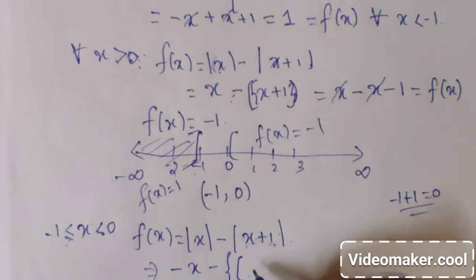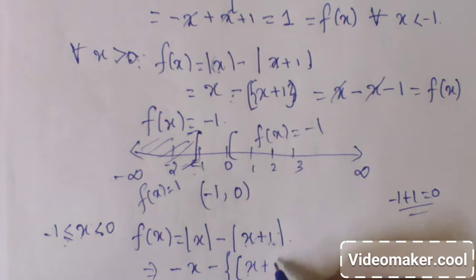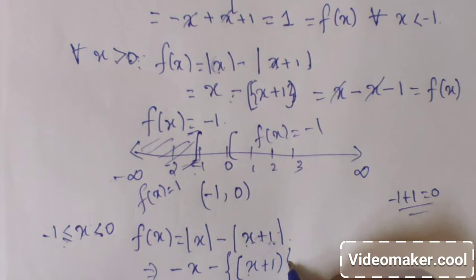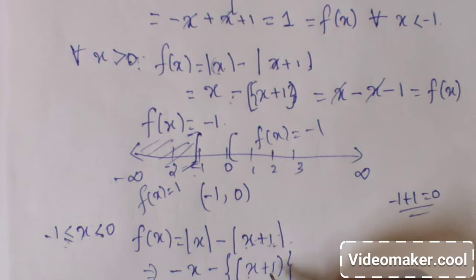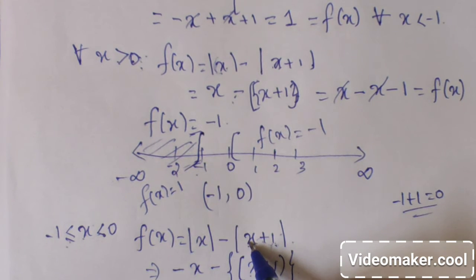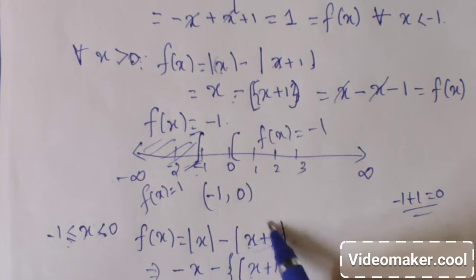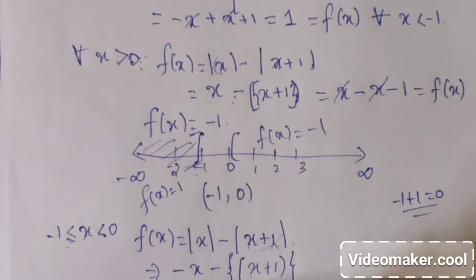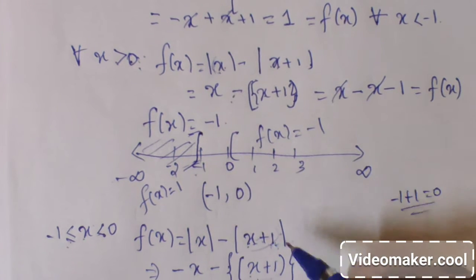So I will write x plus 1 as it is, because the inner term is positive. By the definition of mod, we write the term as it is, and if the inner term is negative, we put a minus sign in front of that value. As we are getting a non-negative value, we write the term as it is.